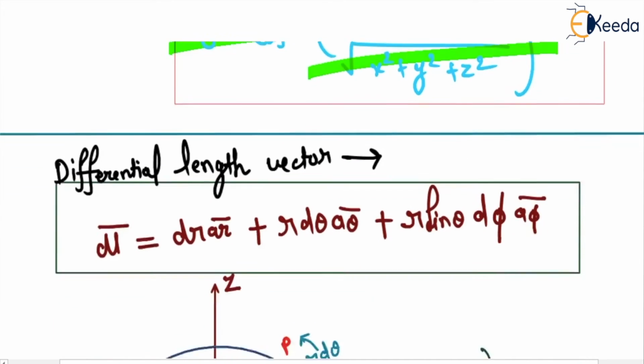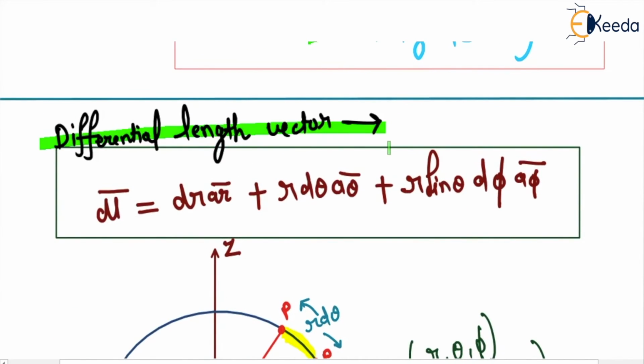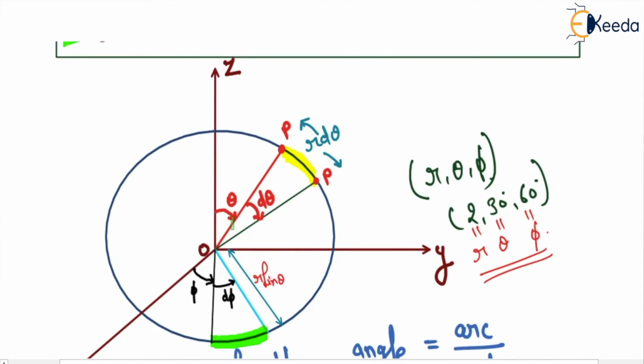Now we talk about the differential length vector in the spherical coordinate system. So dl vector is dr ar plus r d theta a theta plus r sin theta d phi a phi. Because the r variation is linear, but when theta varies, the arc variation is r d theta.